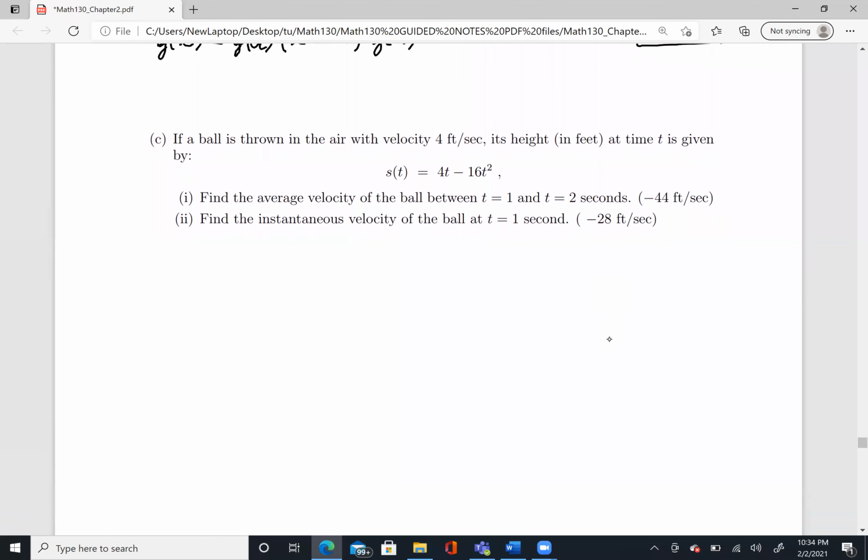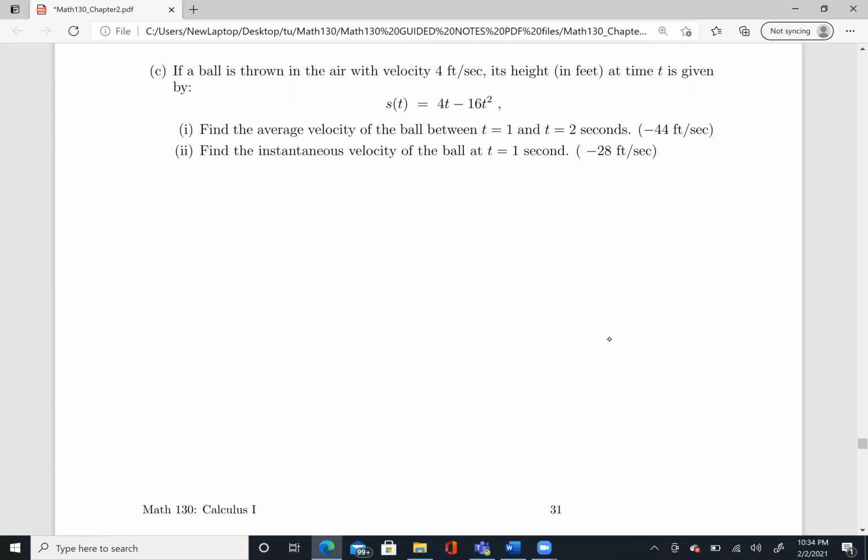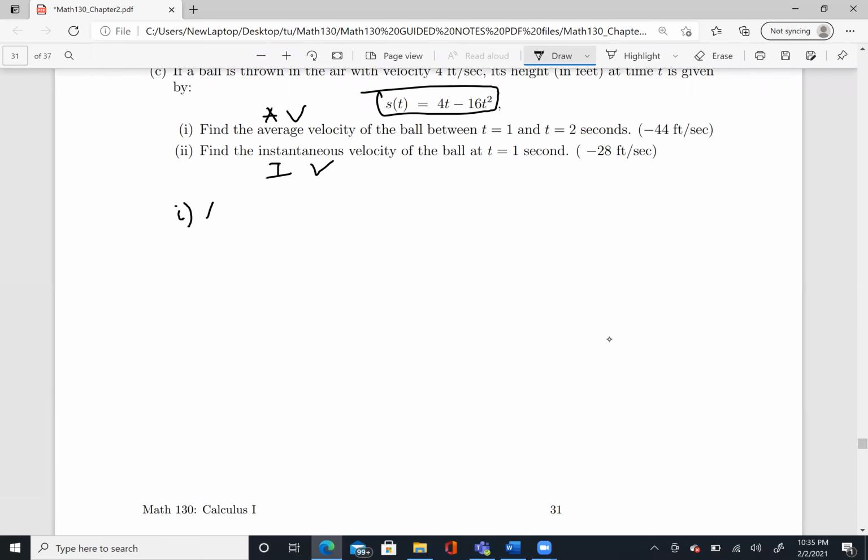And C, this is an application. If a ball is thrown in the air with the initial velocity of 4 feet per second, right? With this function here, we're going to find the average velocity, AV, and the instantaneous velocity, IV. So for part A, I have AV will be equal to f of 2 minus f of 1 over 2 minus 1.